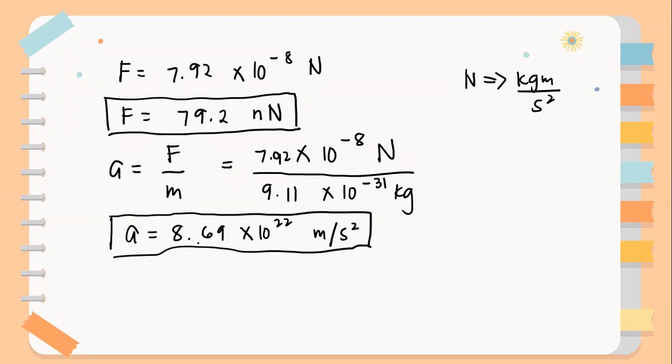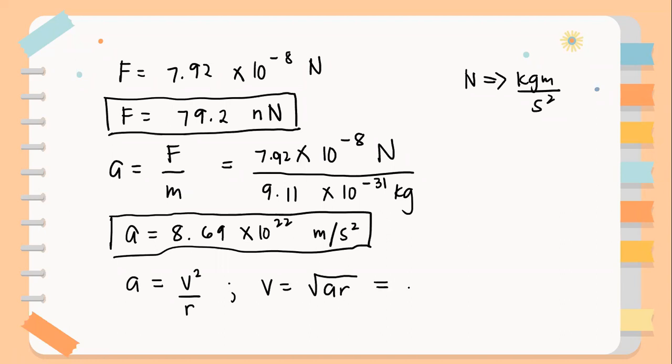Now, for the orbital speed, centripetal acceleration is equal to v squared over r, where v now is equal to the square root of a times r, acceleration times the distance.